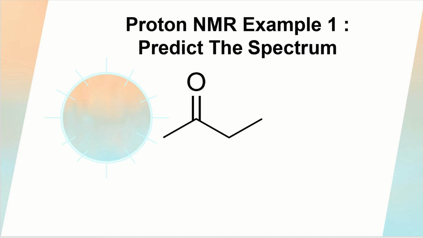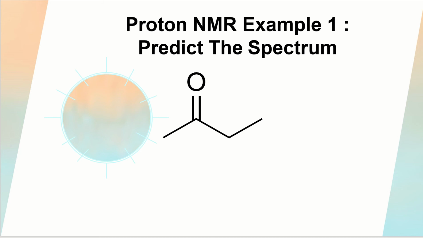So now you have all this new knowledge in terms of functional groups and where they appear, and now you know how the protons would resonate differently based on their different electronic environments, right?